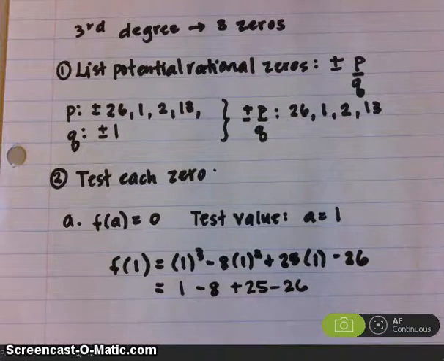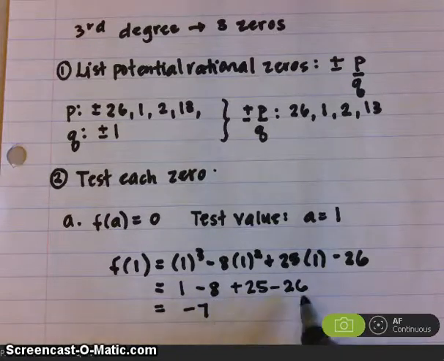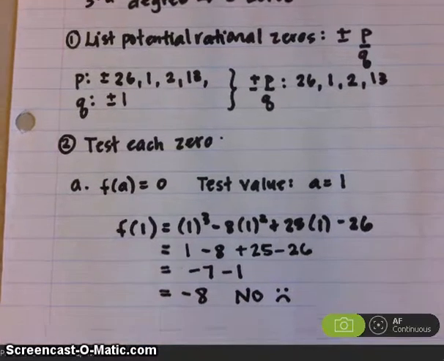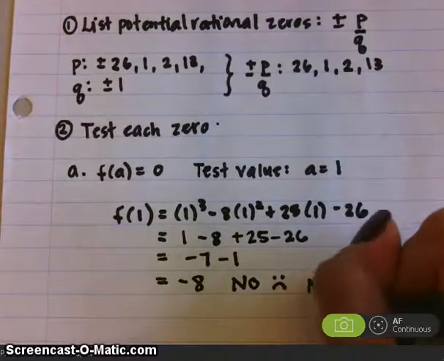Let's simplify all of this and see if it comes out to be 0. So this is negative 7 when I combine the first 2 terms. When I combine the second 2 terms, I get negative 1, so that's a grand total of negative 8. So, no, that is not a zero.